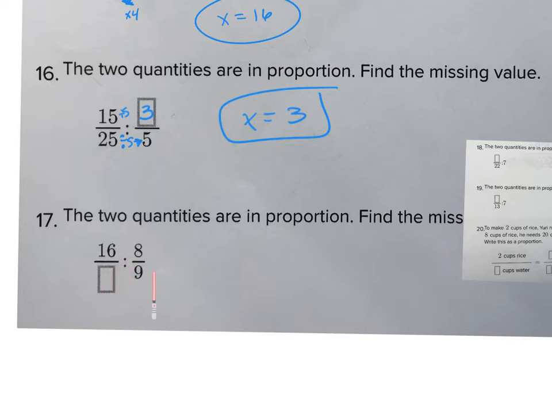Once more, you could do the cross multiplication, but there's no need if you can visually see that it's an easy division problem. You divided 16 by 2 and it gave you 8. What number divided by 2 gives you 9? 18.